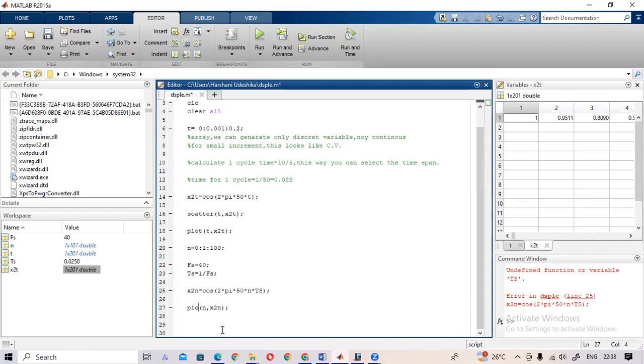So instead of plot, we use the stem command. You can use the stem command to plot a discrete time signal.